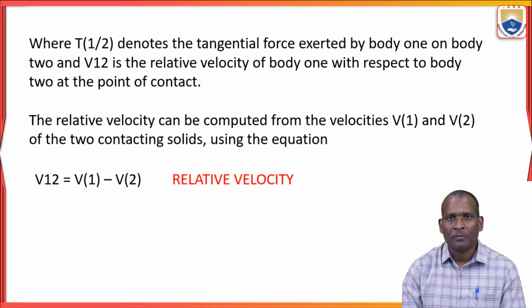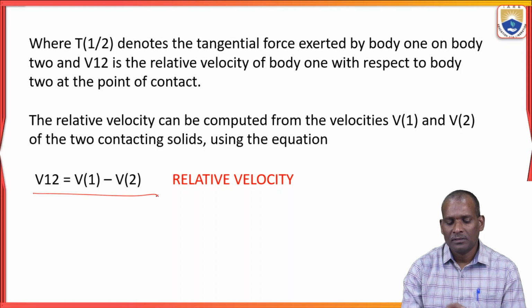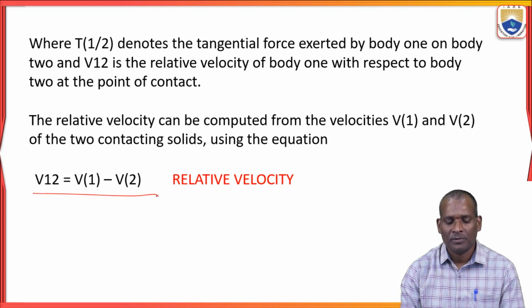T12 denotes the tangential force exerted by body 1 on body 2, and V12 is the relative velocity. How do you calculate the relative velocity? By using this relation, V12 is equal to V1 minus V2.